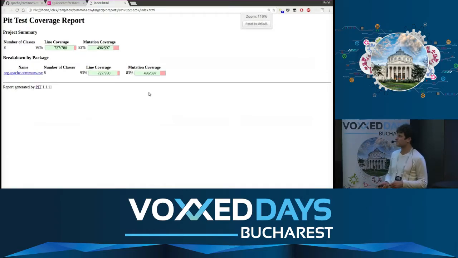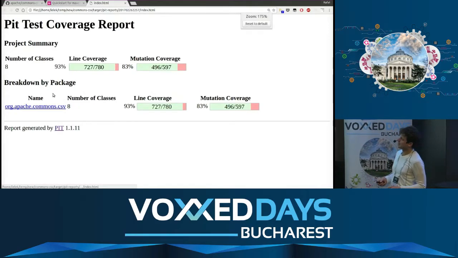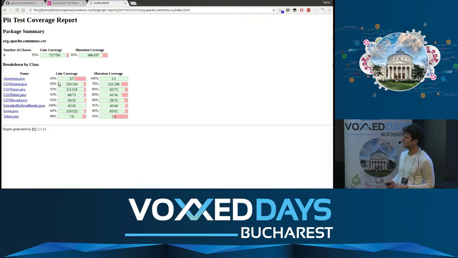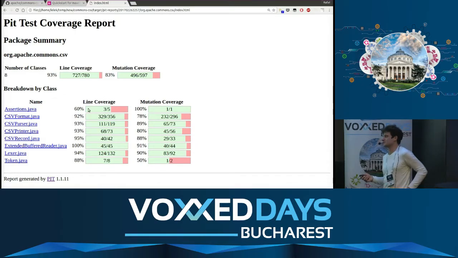What we can see in this library is that it's pretty well covered, but still far from 100%. We can see all the classes here and the coverage per class. I would say it's not bad, but could be better.